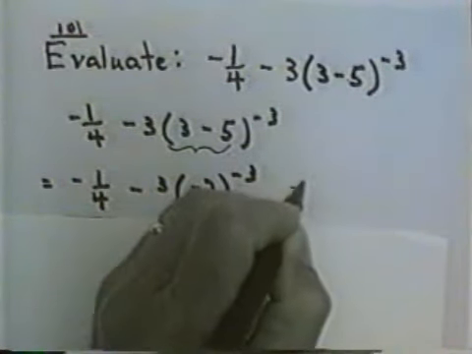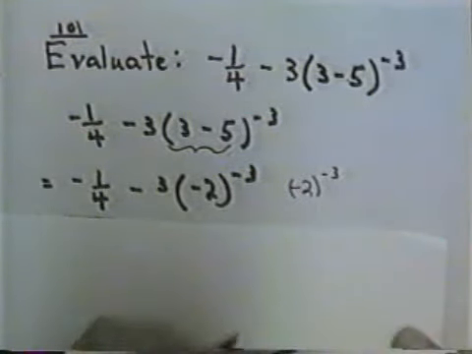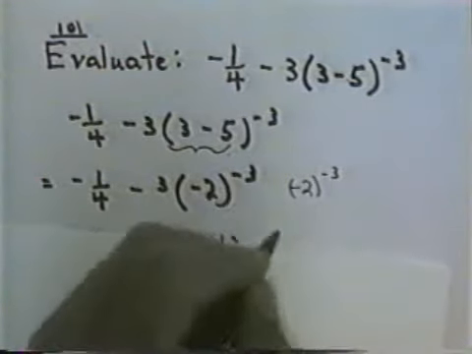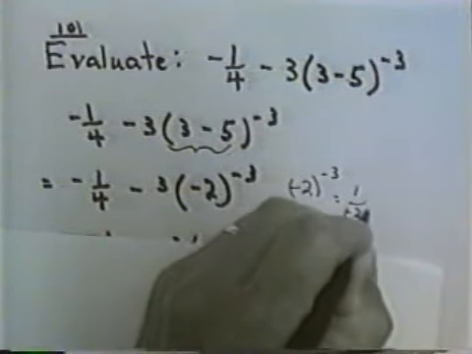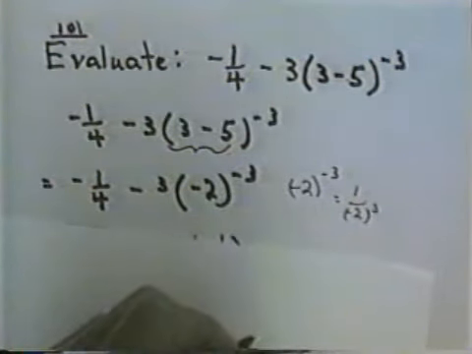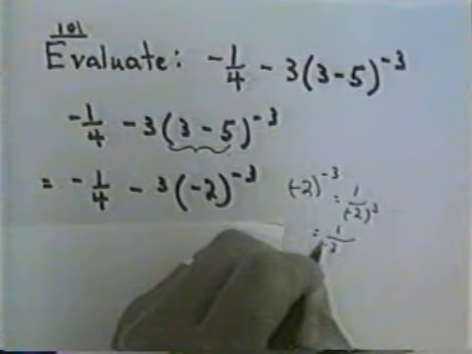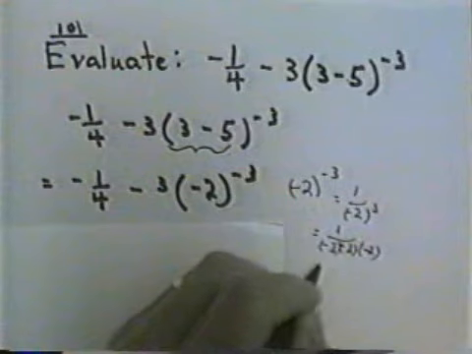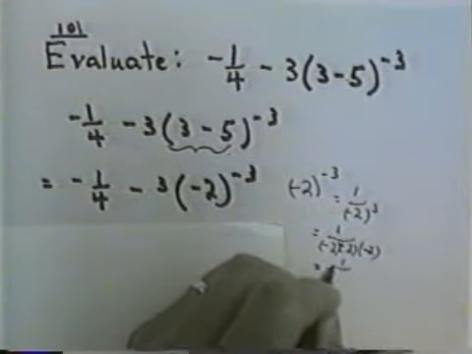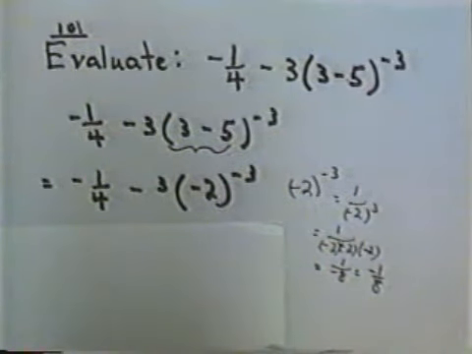So I'm going to do negative 2 to the negative 3. Well, negative 2 to the negative 3 is the same as 1 over negative 2 cubed, which is the same as 1 over negative 2 times negative 2 times negative 2, which is the same as 1 over negative 8 or negative 1 over 8, because a positive divided by negative is negative.